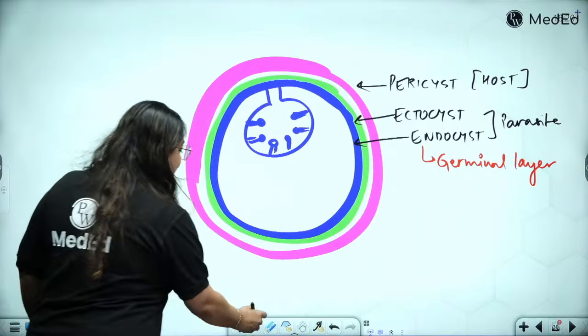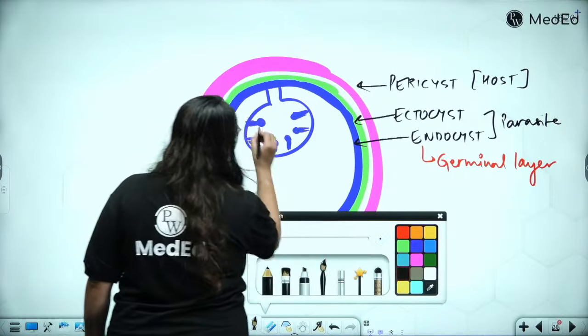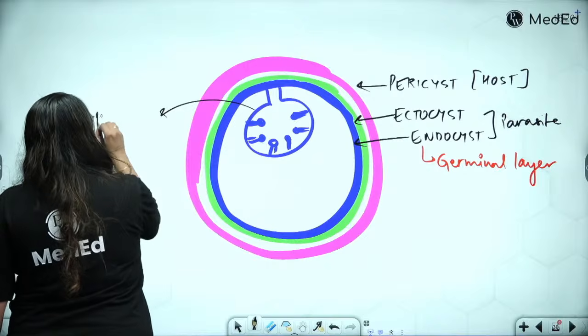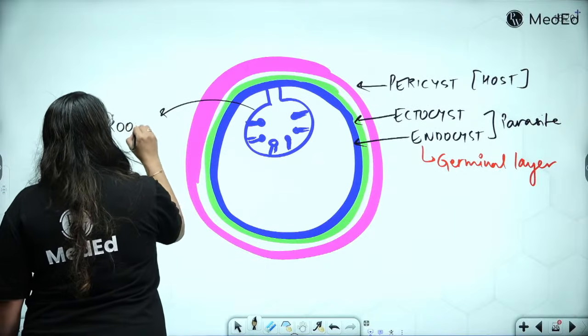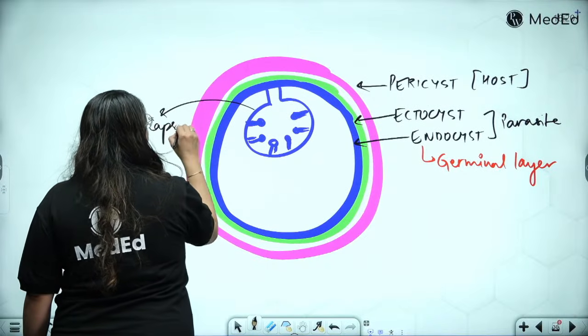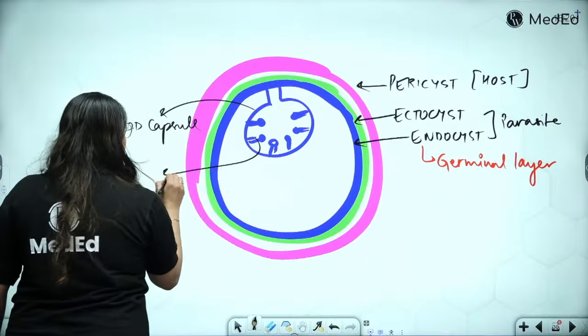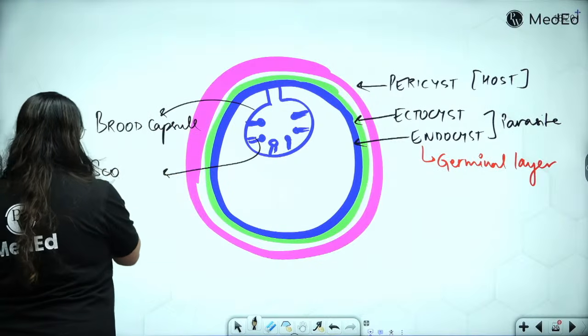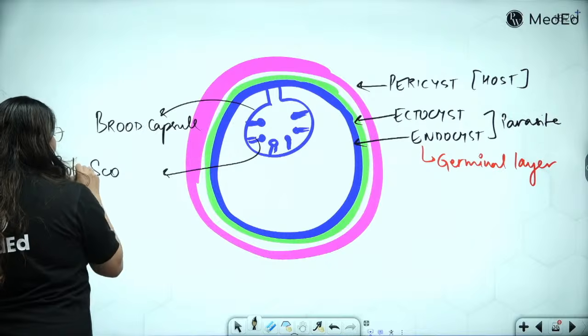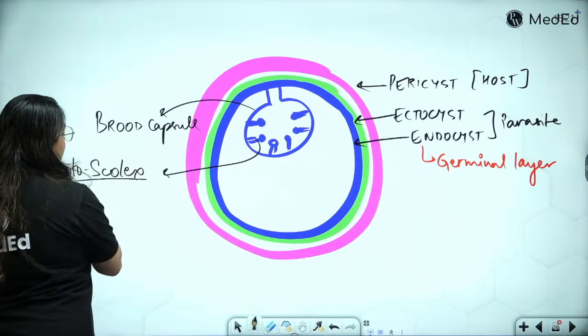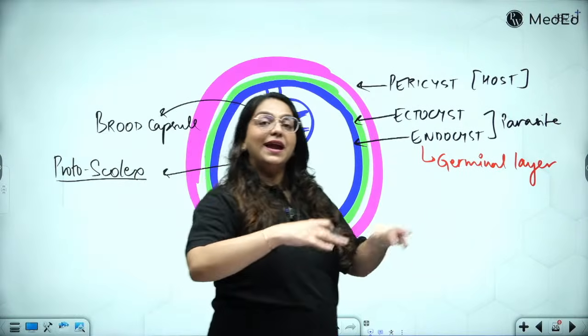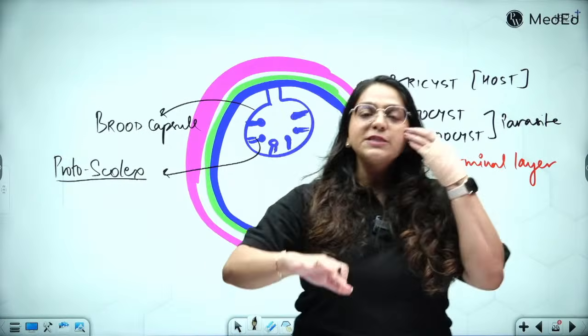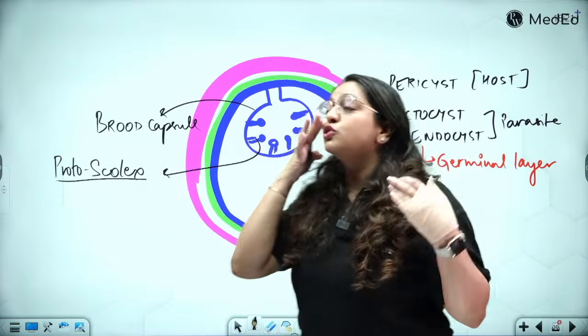So this is a capsule which is a breeding ground for these scoleces. So what is this? This is a brood capsule. And what does the brood capsule have? It contains the protoscolex. Protoscolex means primitive scolex, something which is going to become the adult head tomorrow. Today it is primitive, so it is protoscolex.